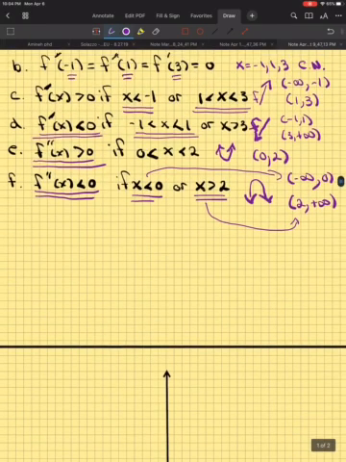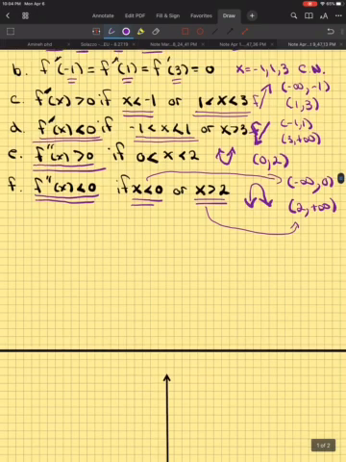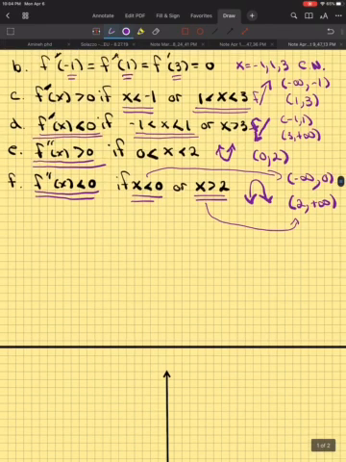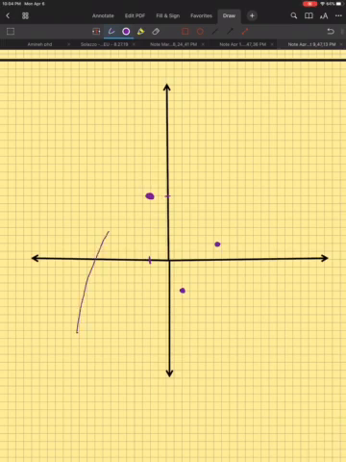And now what I need to do is use this information about the function increasing. I know that the function is increasing from negative infinity to negative 1, and it's also concave down. So the function is increasing up to here.